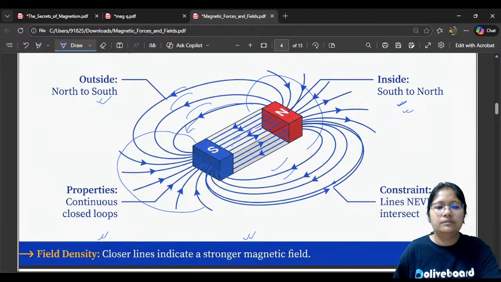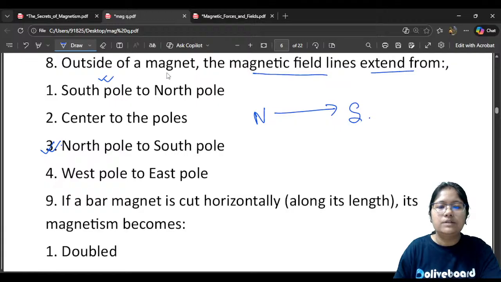Outside of a magnet, the magnetic field lines extend from, this one? This is north to south.